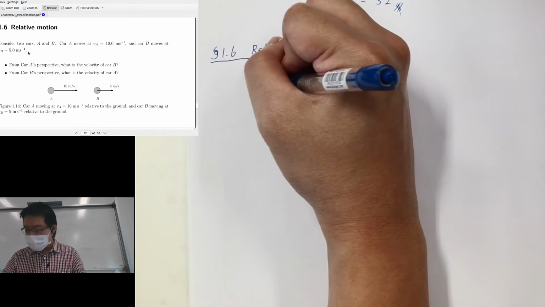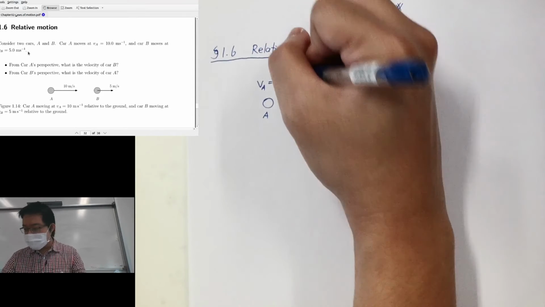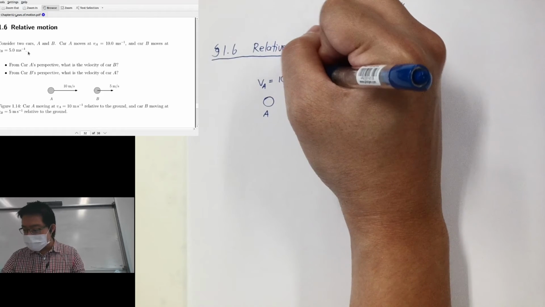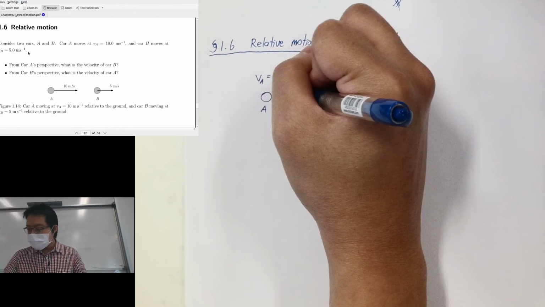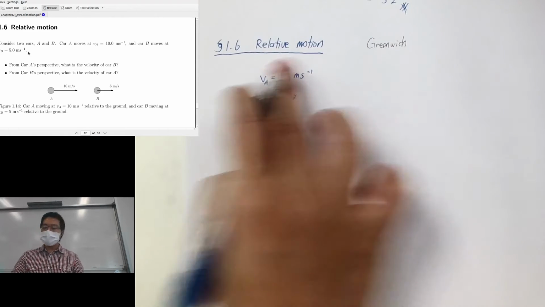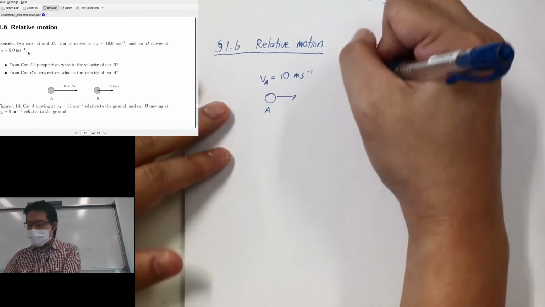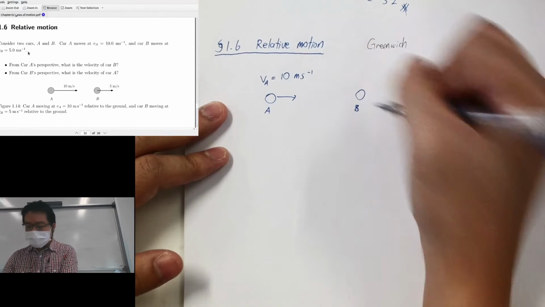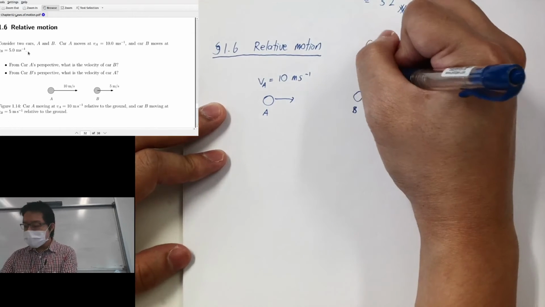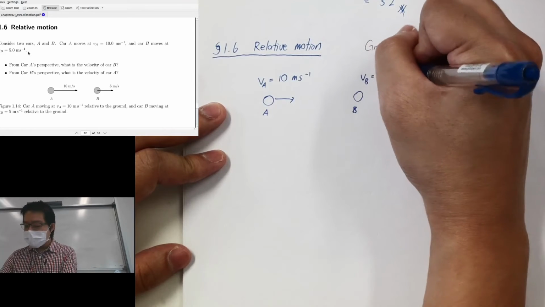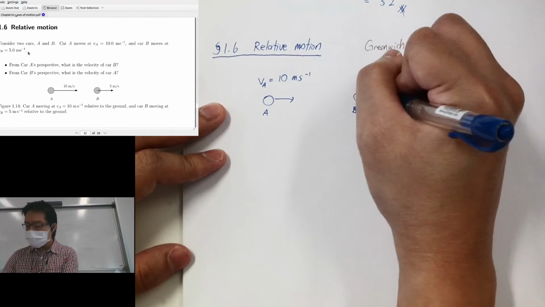So let's say you are inside car A, and this car is moving at 10 meters per second, okay, moving in a positive x direction. I take positive to my right, and you want to overtake another car that is moving very slowly. So let's say this car is moving at 7 meters per second.